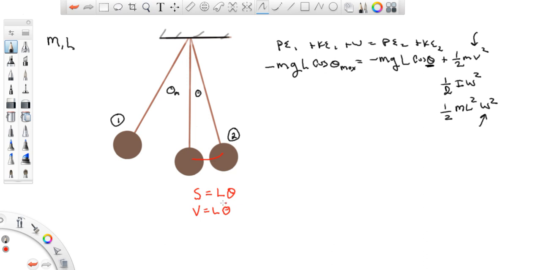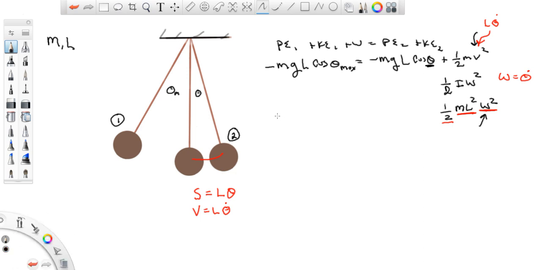Again, the dot is just shorthand for d theta dt. So you'll notice that if you sub L theta dot in for the v, you end up with 1/2 L squared theta dot squared, which again is the same as right here, 1/2 mL squared theta dot squared, because that's what the angular velocity is, right? It is the rate at which theta changes, so theta dot.